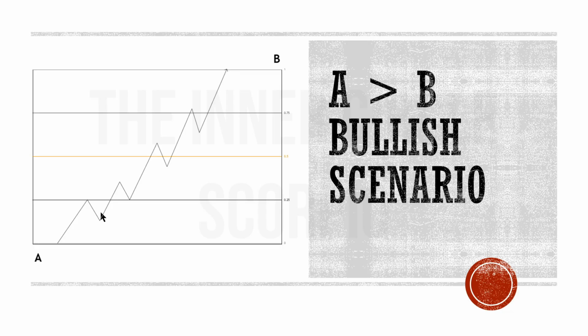It has to move in its own way, and because it does not touch those levels exactly most of the time, we call that price distortion, because we have to allow the price to move a little bit up and down from that level. So that's how price moves from A to B in a bullish scenario.